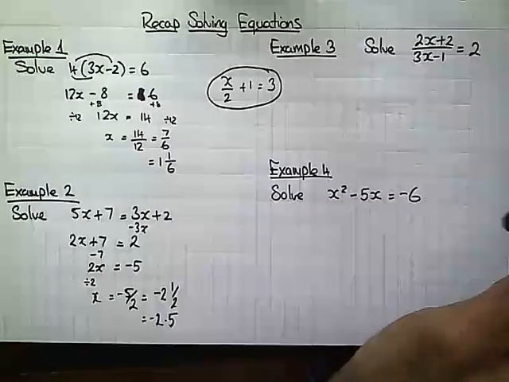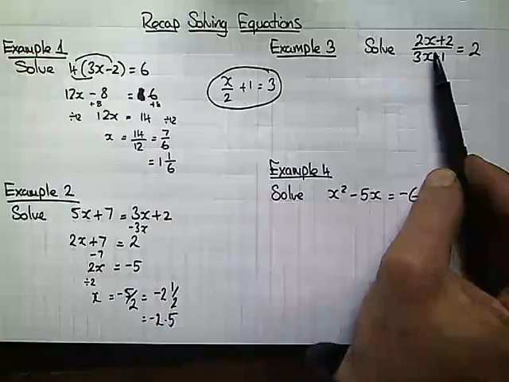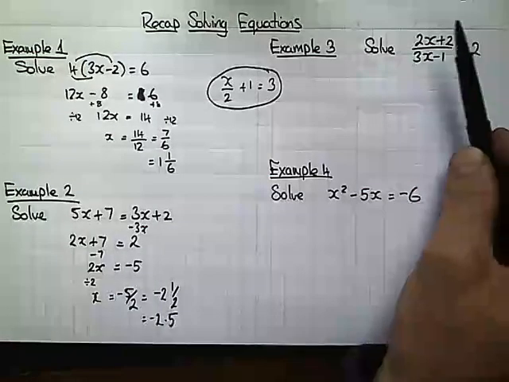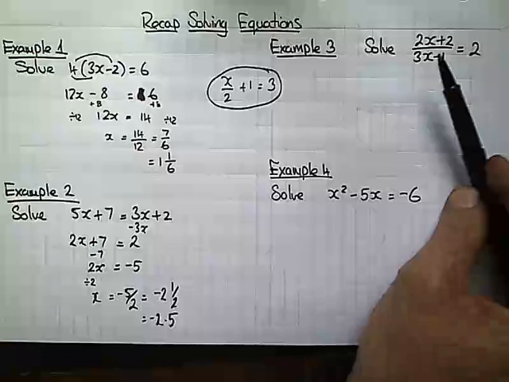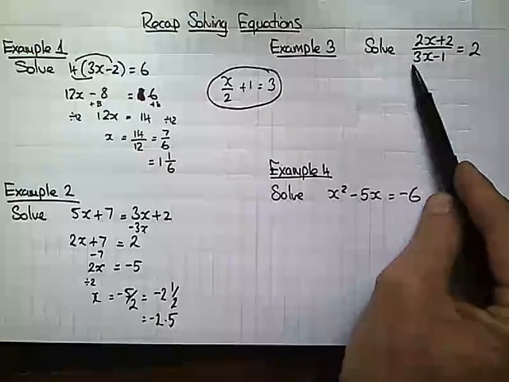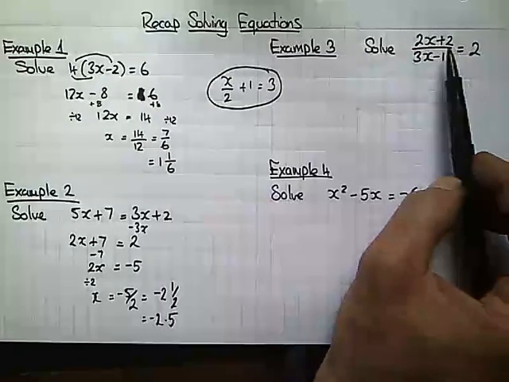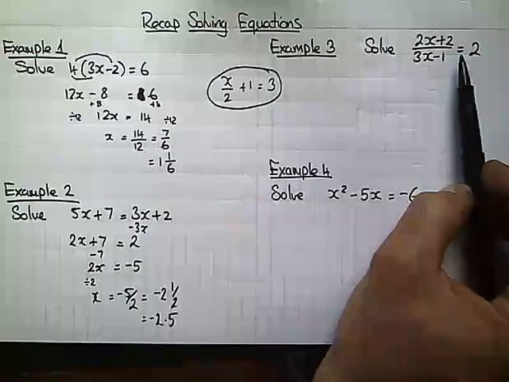So what I need to do is I've got 2 lots of x's going on. I can't just cancel them out. I can't just cross them out and then that be done with it. So what I need to do is I need to get rid of this denominator bit. I need to undo this. So if we read this through, I've got 2x plus 2 divided by 3x minus 1 equals 2.